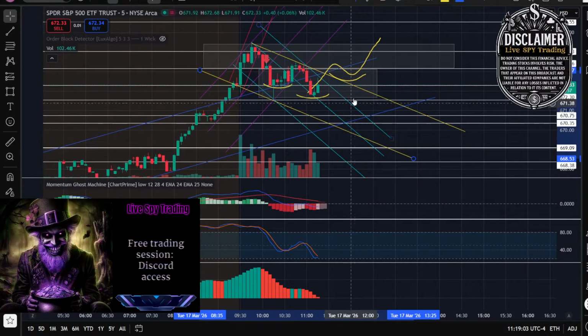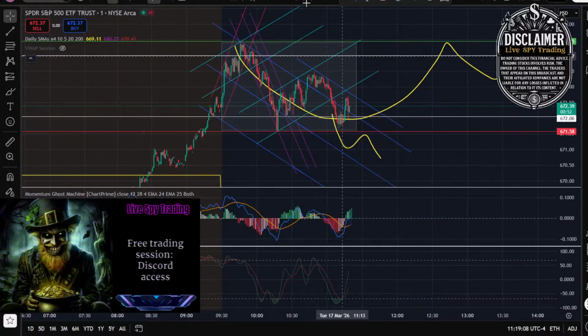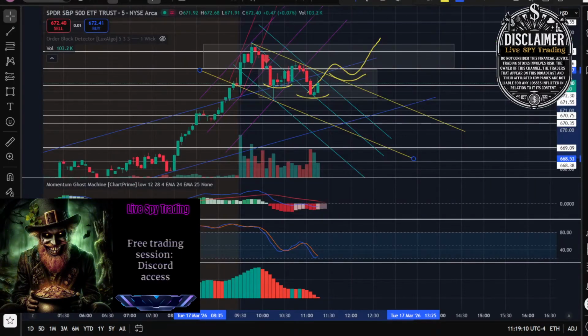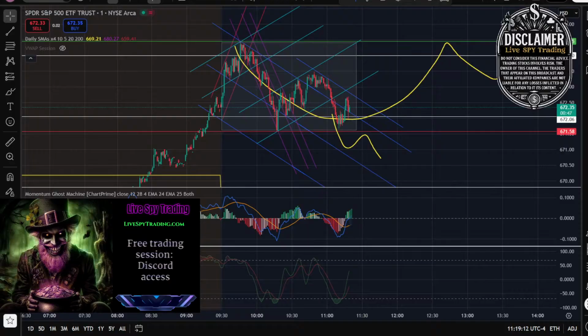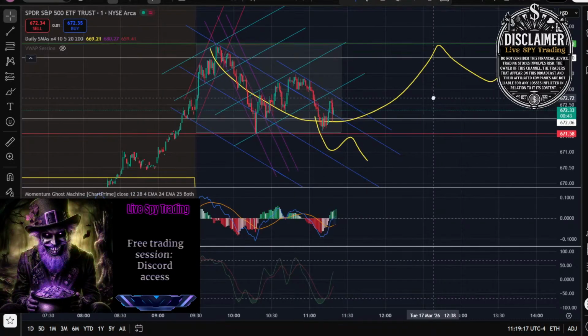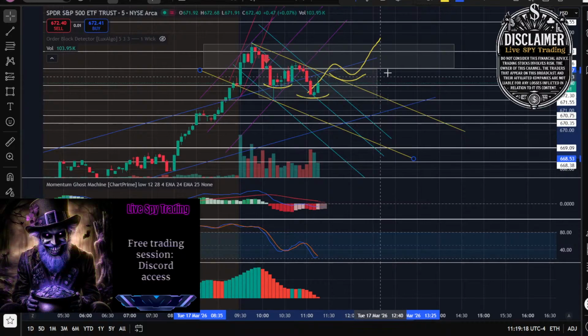Let's use yellow on the 5 minute. Oh, I think it lines up with that. Still lines up with blue on the 1 minute. Use yellow on the 5 minute.